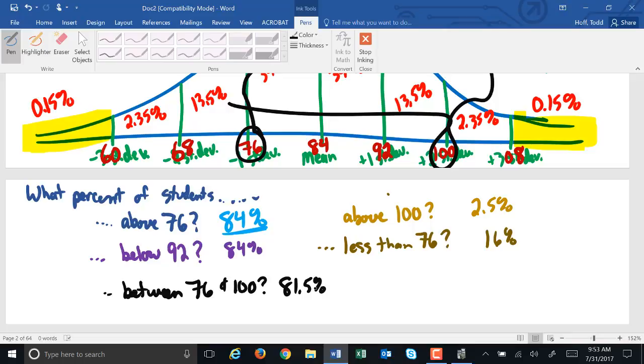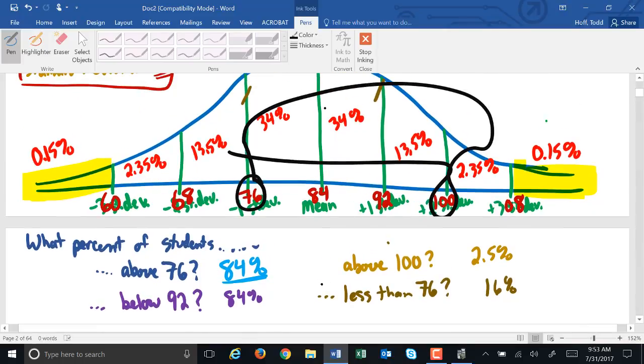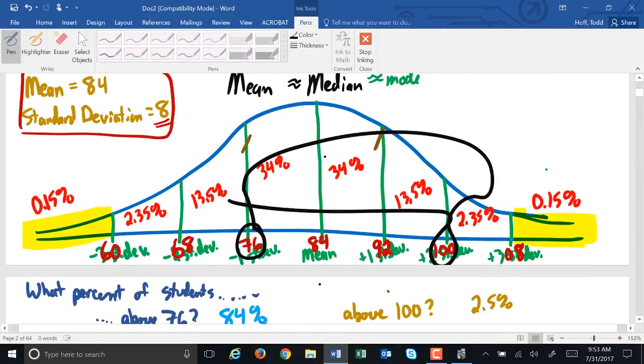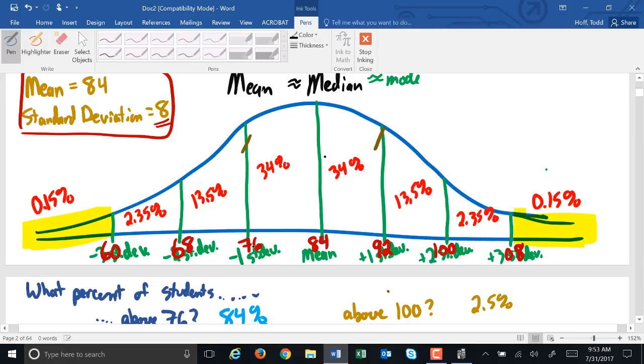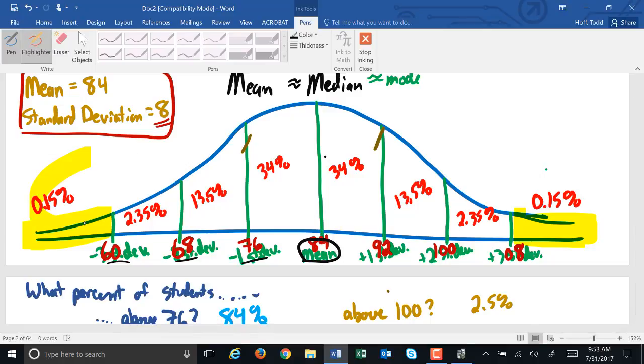Now, those percents are a constant. So I'm going to pause. If you don't have that bell curve down with those percents underneath it, now these numbers here, the 60, 68, 76, 84, 92, 100, 108, those numbers change. The percents do not. Those percents correspond with the mean in the center, and subtracting a standard deviation every step and adding a standard deviation every step. But I'm going to give you a minute to get those percents down in your notes.